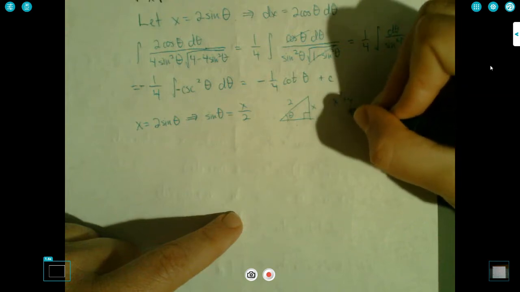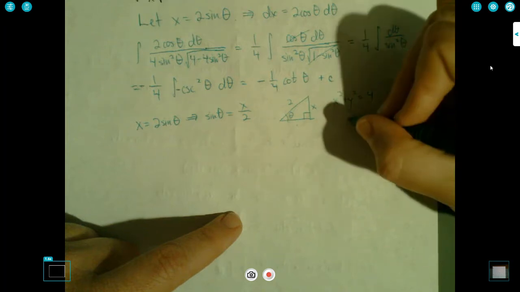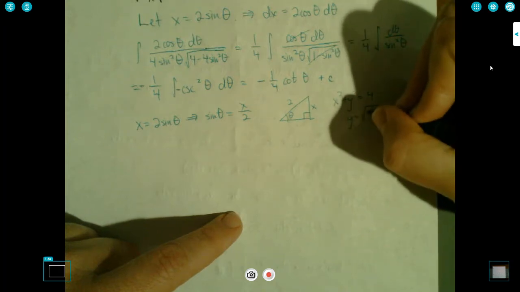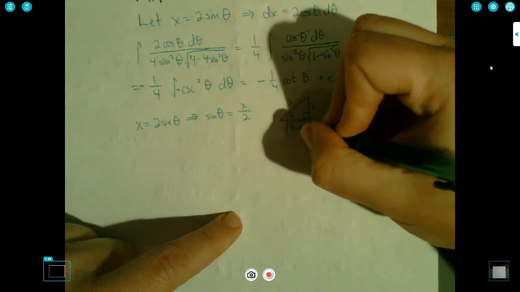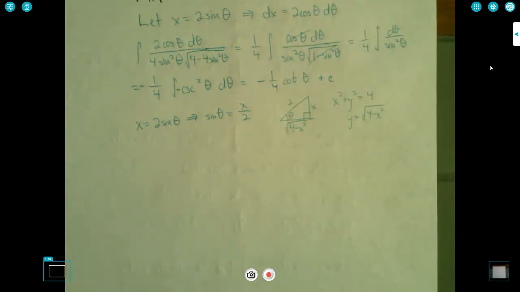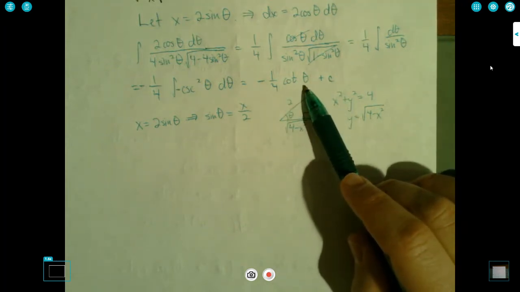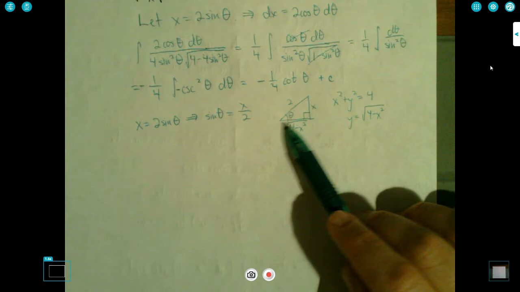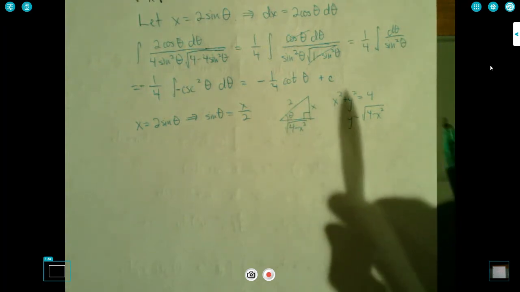X squared plus y squared equals 4. So y is going to be the square root of 4 minus x squared, right? So this is the square root of 4 minus x squared right there. And then that helps me figure out what cotangent theta is, because cotangent is going to be adjacent over opposite. So it's going to be root 4 minus x squared over x.